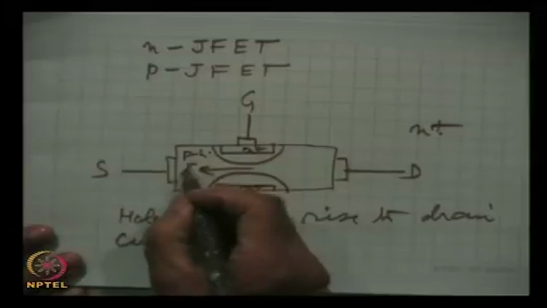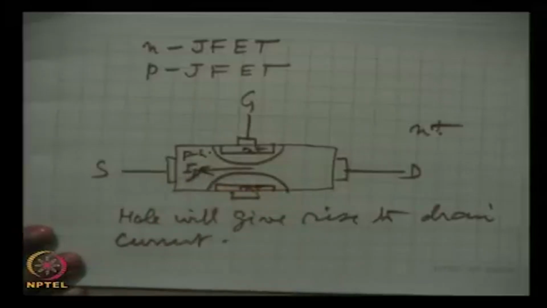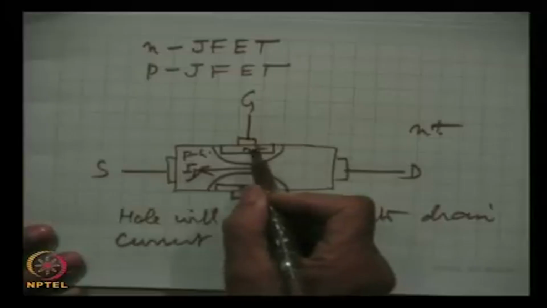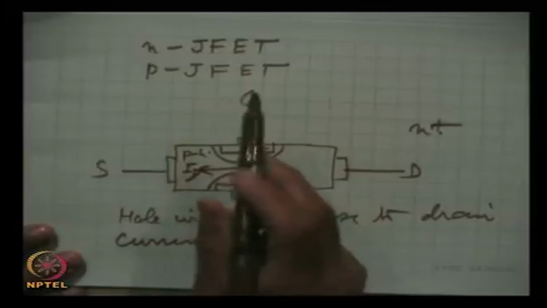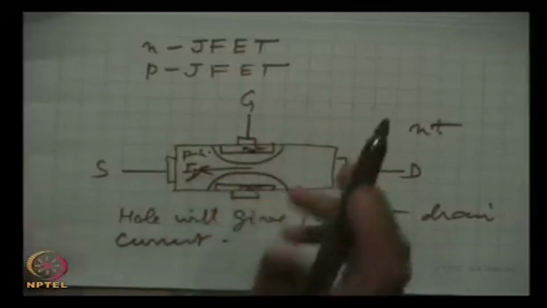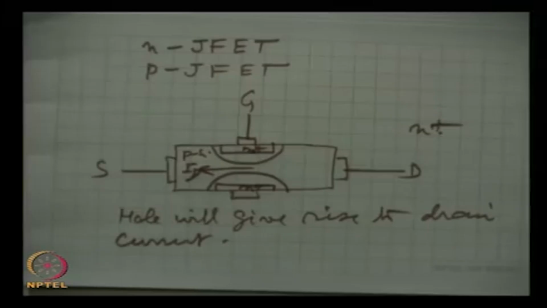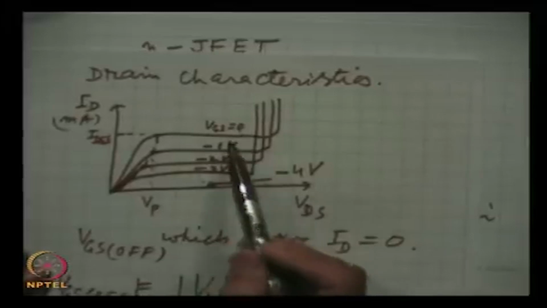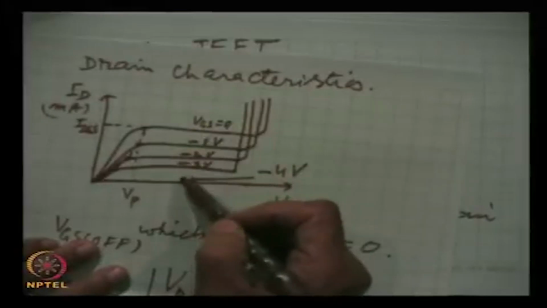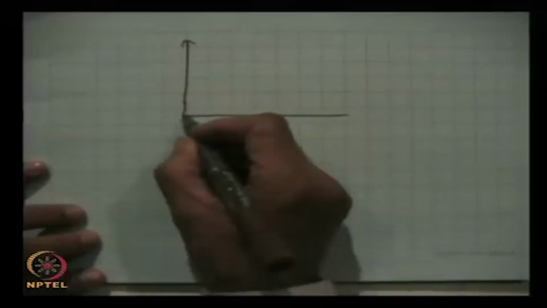So, this is the drain current. Here, to reverse bias the junction, mind it, this is N type, the gate has to be positive. So, the characteristics will be identical, only the polarities will be different. Here we have taken VGS 0, here also it will be the same, but here these voltages have to be positive. So, the drain characteristics will be exactly the same.